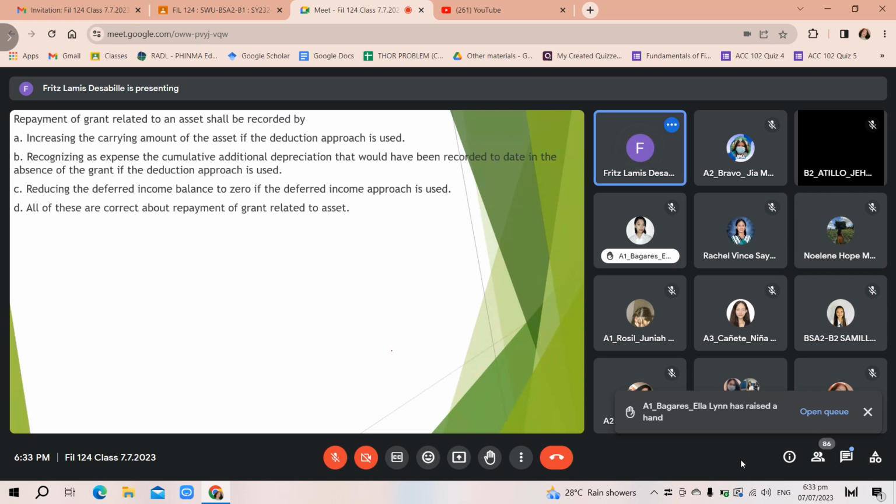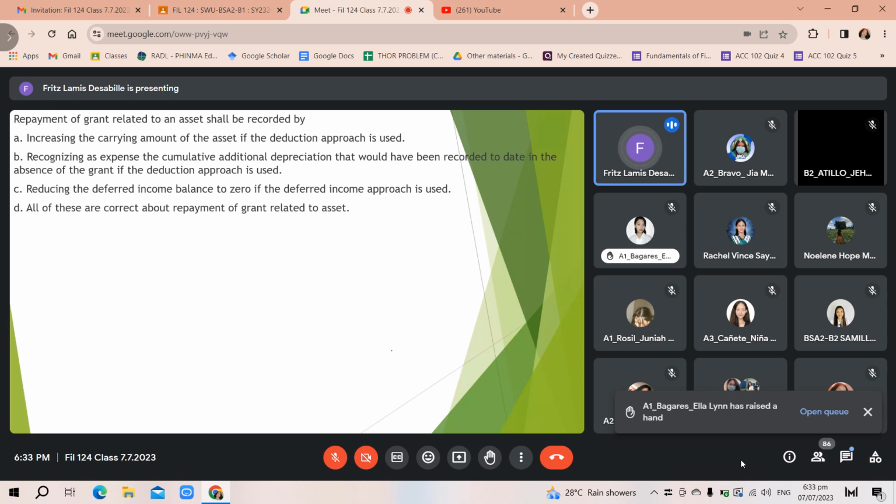Okay. Now, here is the tricky part. Now, ang tricky, which is grant related to an asset. Okay. So if it is a grant related to an asset, take note guys, naa tay duha ka approach. No, option 1 and option 2.